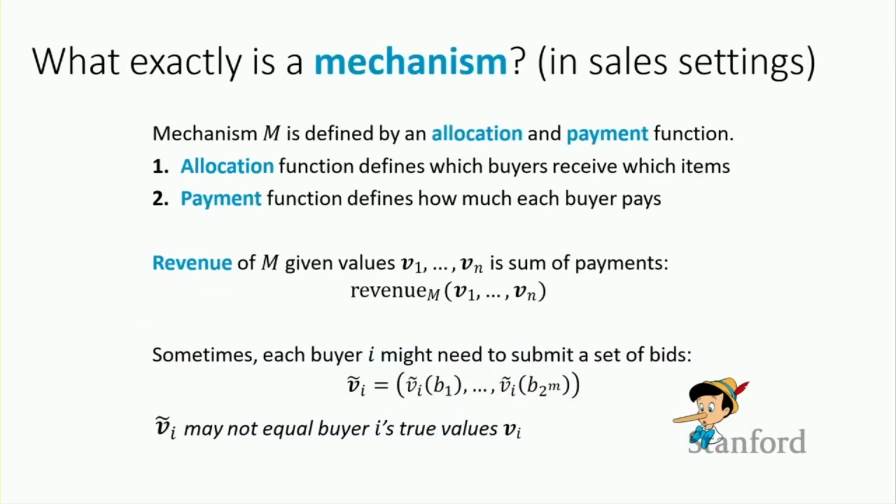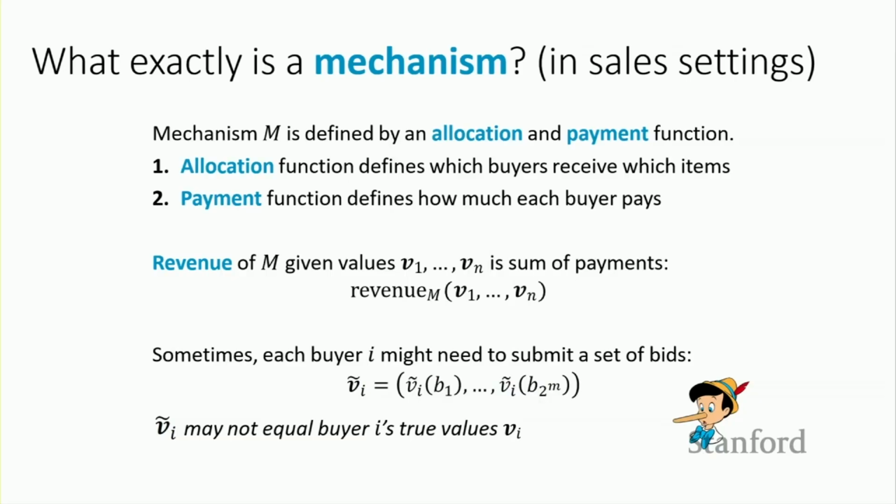Okay, and so in the sales setting, the mechanism is defined by two main functions: allocation, which is some process that decides which buyers get what items, and then a payment, which defines how much each buyer pays once they're engaging in the mechanism.